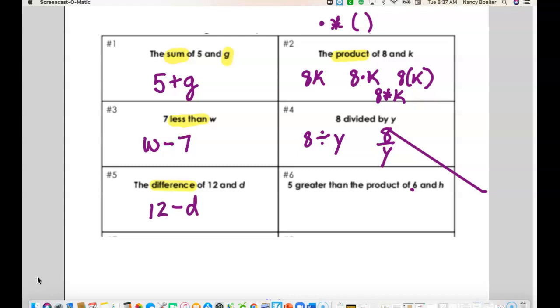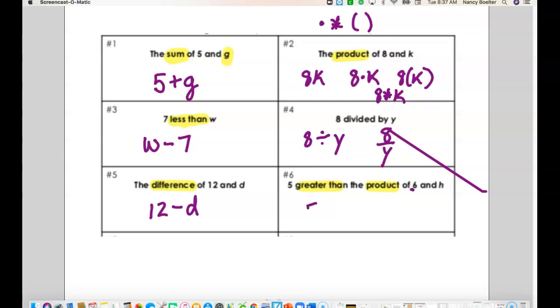And now we're going to get into a little bit more complicated one. We have a couple of different steps. So we have 5 greater than the product of 6 and H. Greater than means to add.